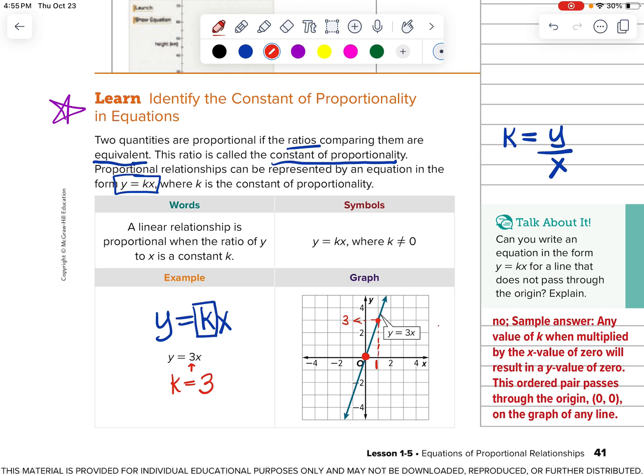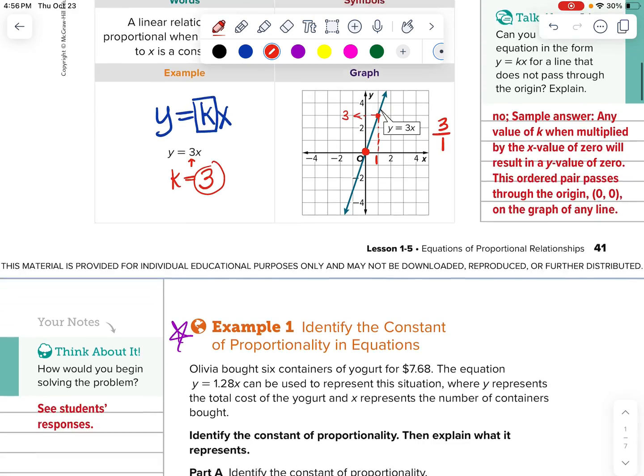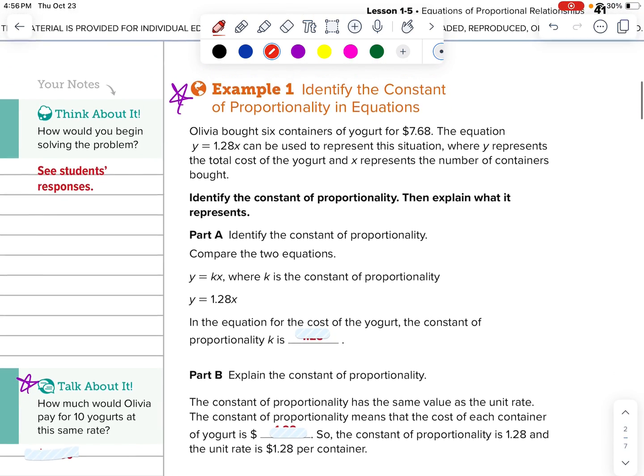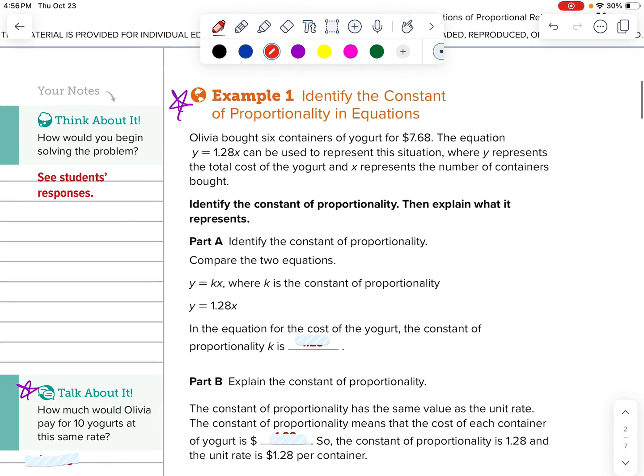So my y over x is 3 over 1 when I look at the graph, which matches the 3 in the equation. So this may sound a little confusing, but as we do more examples, hopefully this is going to make more sense. So let's go ahead and turn to the next page and look at example 1.